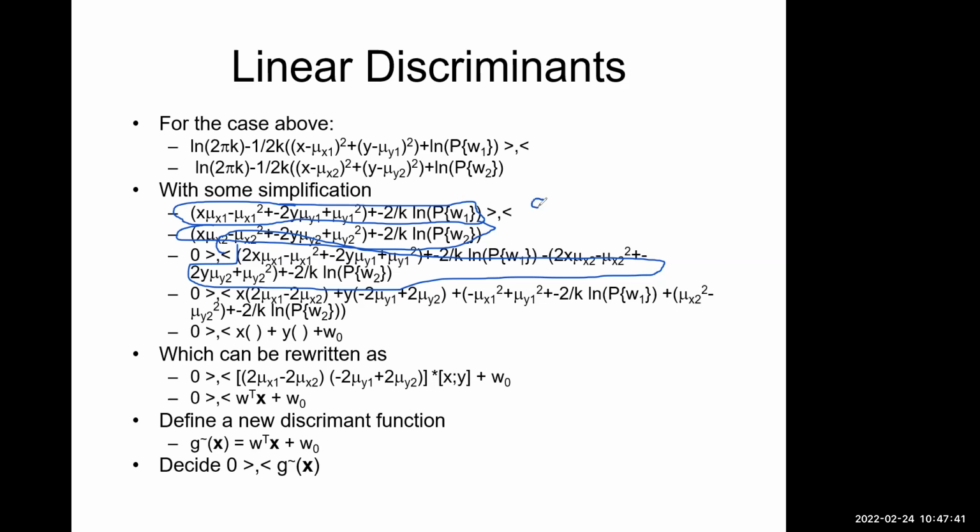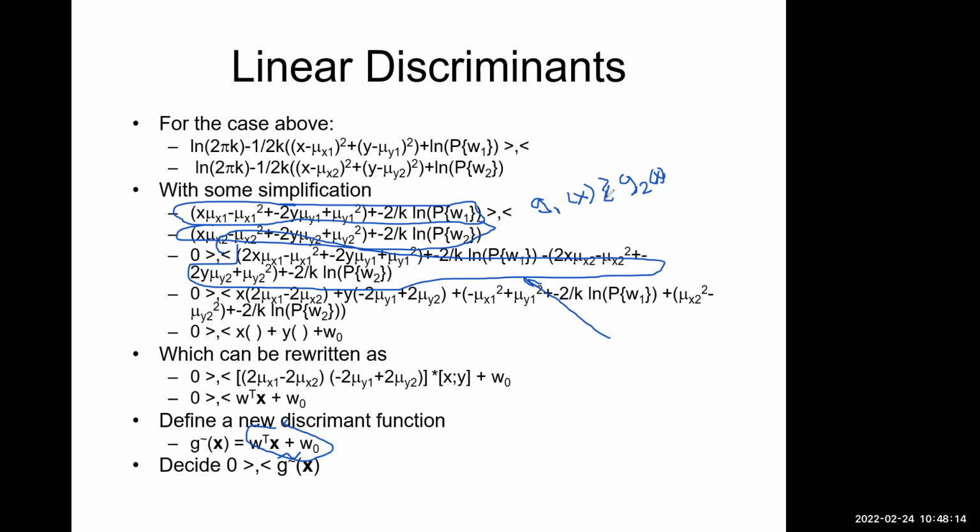So we can compare G1 of X, or we could compare this other G tilde, with a tilde on top, which is equal to this, which is equal to that, and compare it to 0.